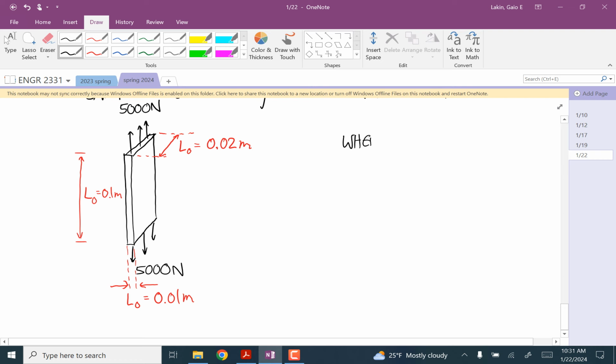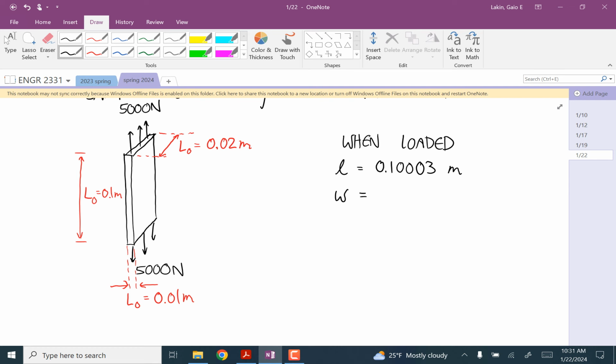When loaded, we remeasure these lengths and we get that the one that started as 0.1 meters now is 0.10003.